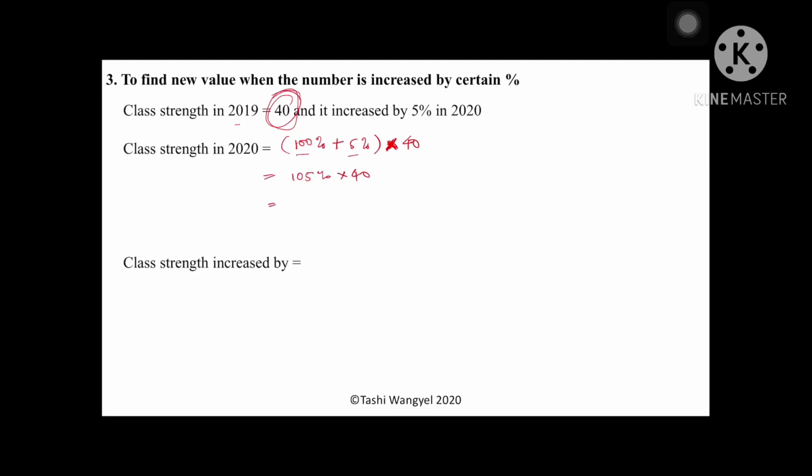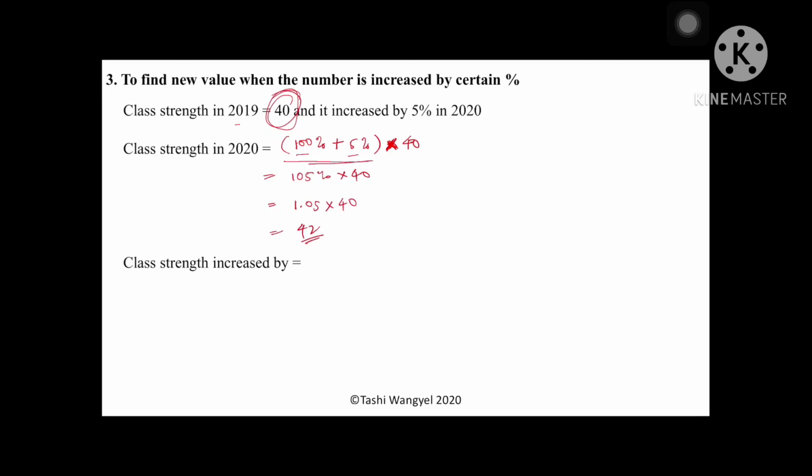We can write 105 divided by 100, which gives 1.05, into 40, and we get 42. So the class strength in 2020 is 42.